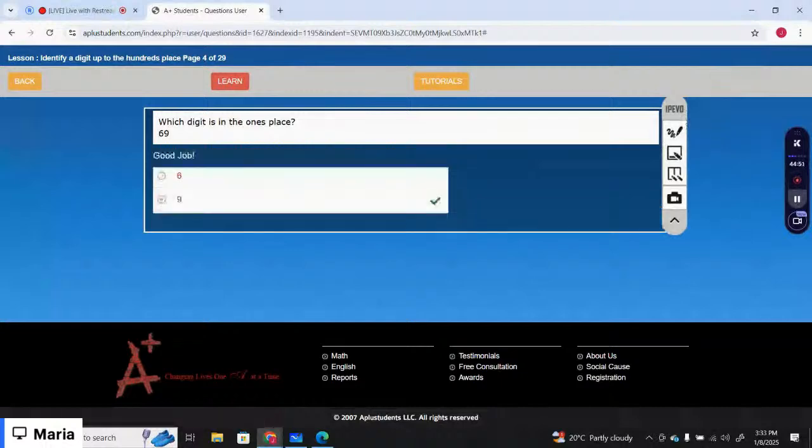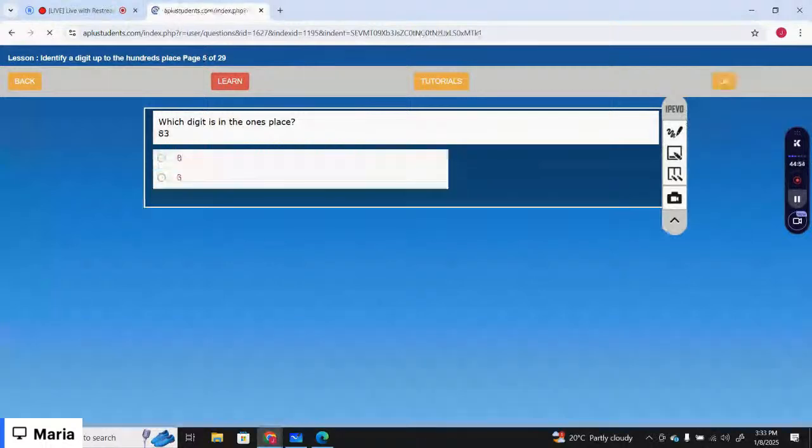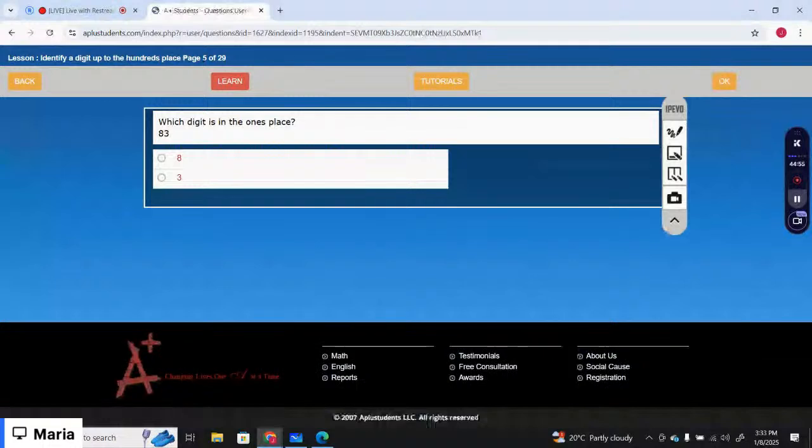The rightmost digit is always at the ones position. So 9 is at the ones place. Which digit is in the ones place, which is the correct option?